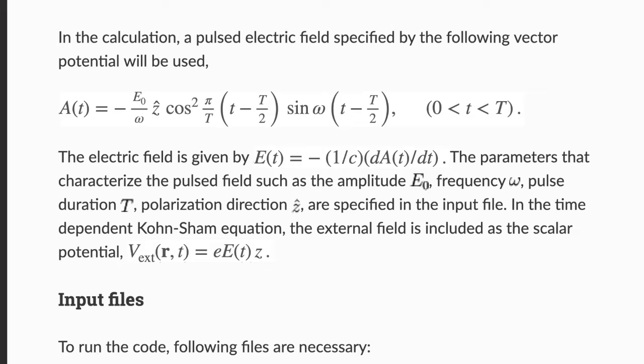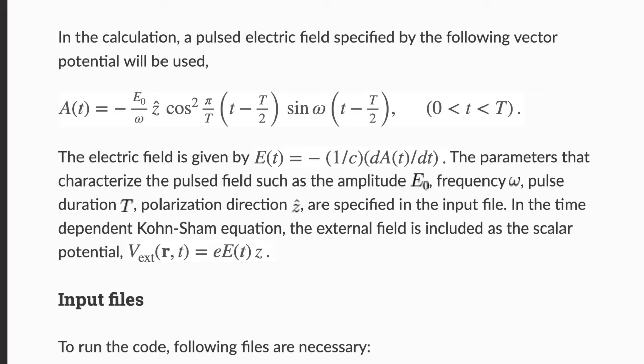It is a function with a central frequency of omega and a cosine square envelope. The parameters that characterize this electric field, such as amplitude E_0, frequency omega, pulse length T, and the z direction, the direction of the electric field, are specified in the input file.